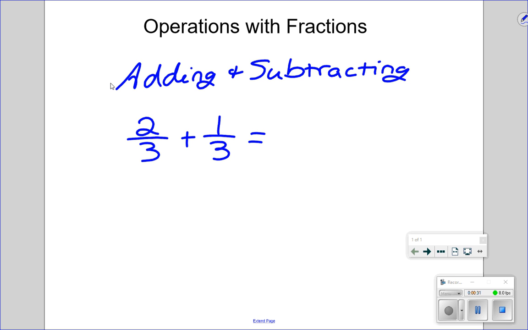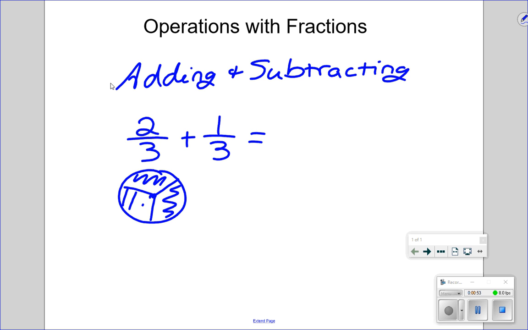If you have 2/3 plus 1/3, if you go back and think to when you were in elementary school and what 2/3 looked like, plus another third, so if we add this one, you have 3/3 basically.